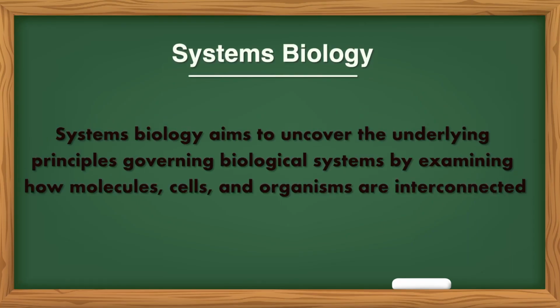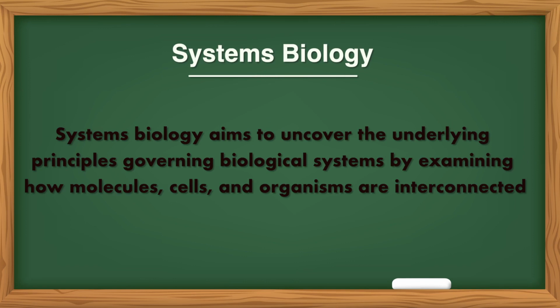Think of systems biology as viewing life through a wide angle lens. Instead of focusing on individual genes or proteins, it considers how all the components in the biological system work together, much like examining how the various parts of a car interact to make it function.